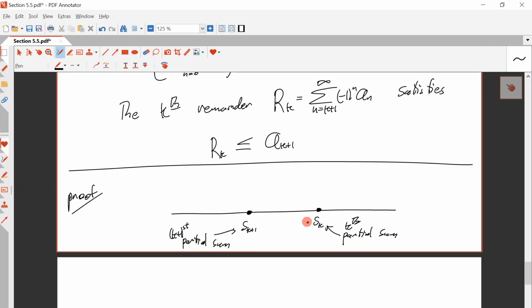These are flip-flopping back and forth, and in between them is the limit.